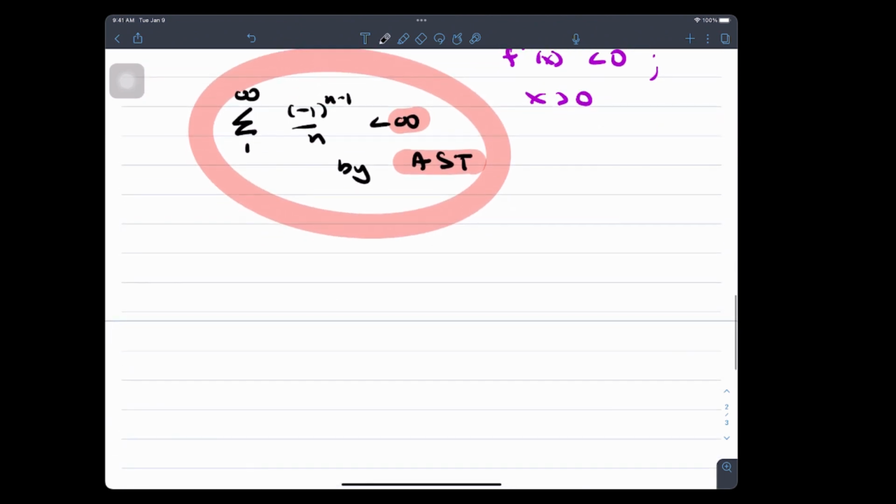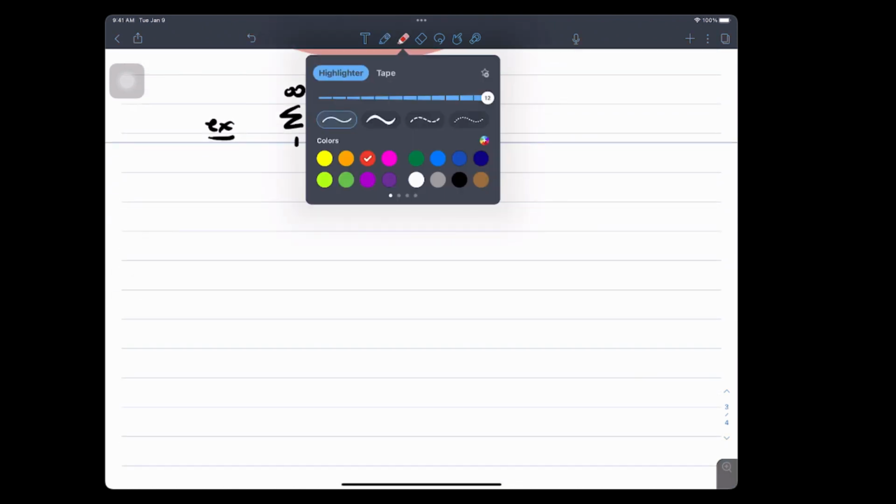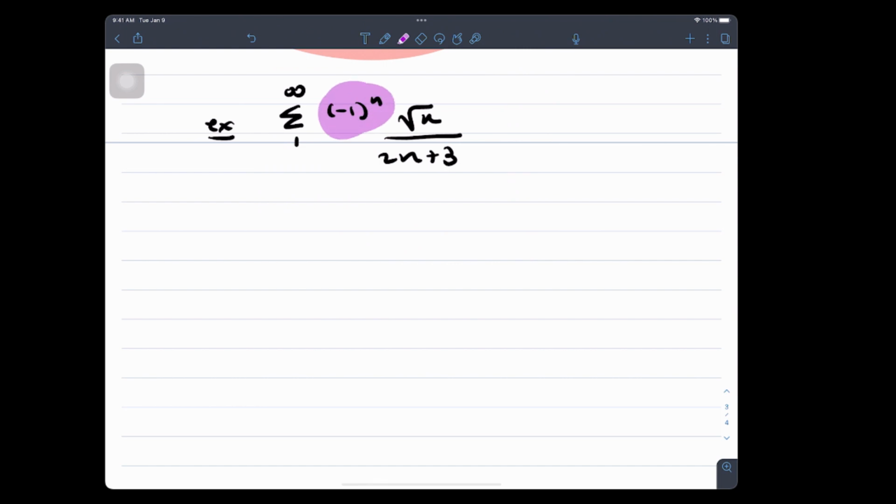All right. So let's give you guys another example. Let's go over some examples of this test. So I have a series here now that looks like this. So what you do is you say, okay, here's my alternating mechanism, but this portion is defined to be what?